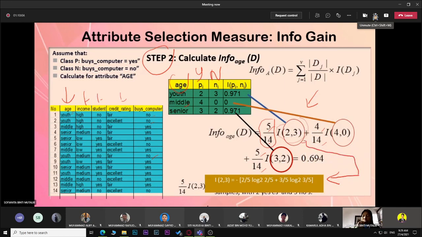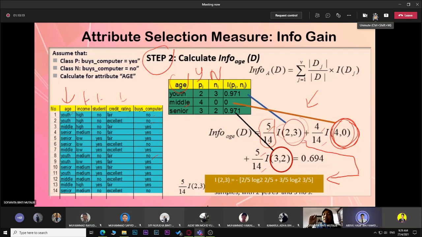Can you understand? Okay, how about this one? Can you expand it? Chana? 4 over 4 log 2 of 4 over 4.